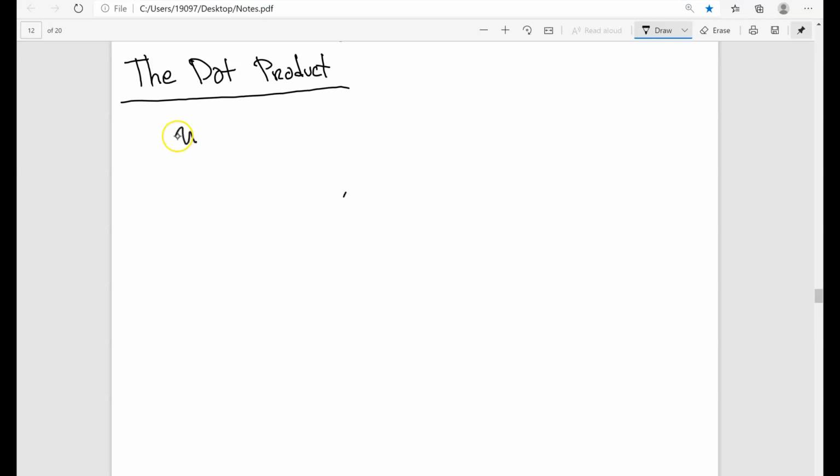So basically if you have two different vectors, u dotted with v, then let's say the components for u are u1, u2, and the components for v are v1 and v2.